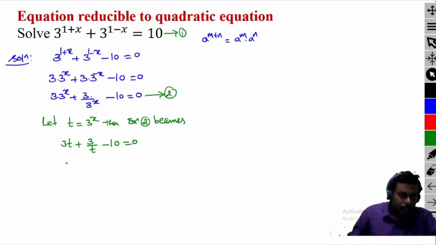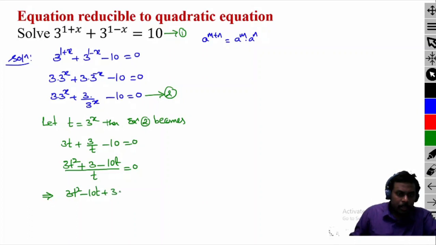Then this becomes (3t square plus 3 minus 10t) divided by t is equal to 0. This implies 3t square minus 10t plus 3 is equal to 0.